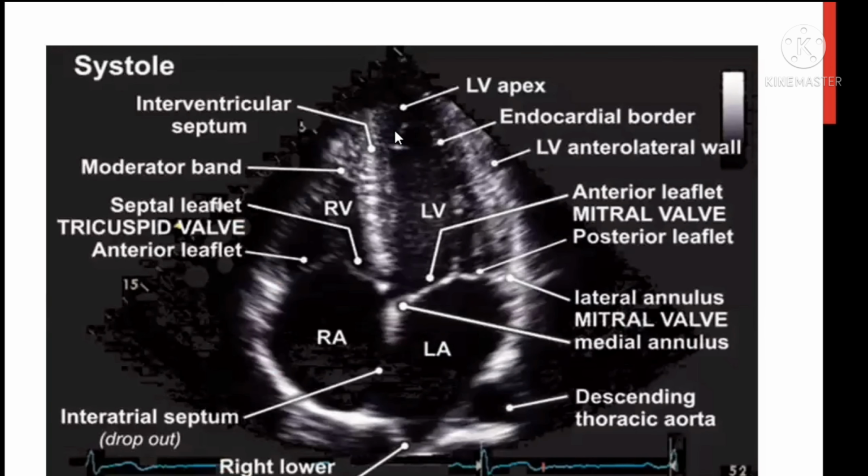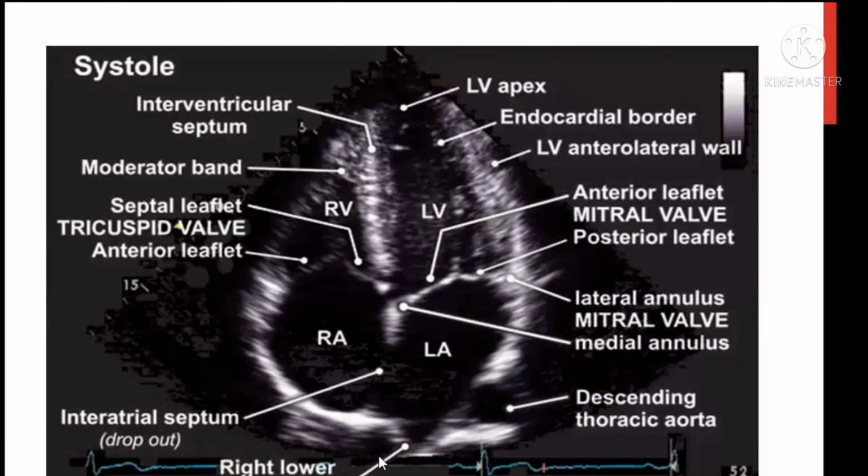So here is the left ventricle apex and the interventricular septum. This is the anterolateral wall of the left ventricle, and this is the tricuspid valve, mitral valve, sorry, and left atrium, interatrial septum. And here is the descending aorta. Sometimes you may see the right pulmonary vein somewhere here, so don't be confused.